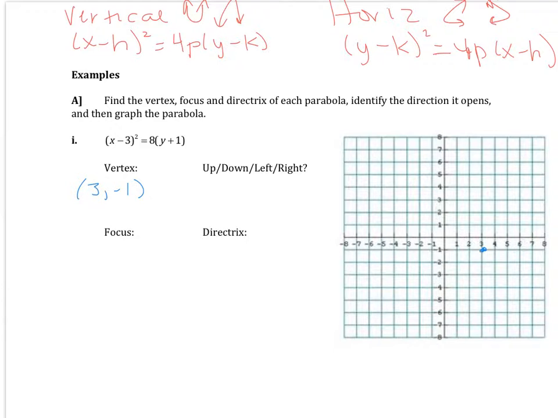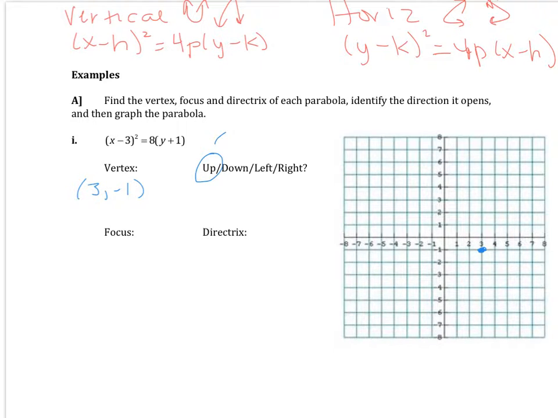And whether it's opening up, down, left, or right, we see that the x is the squared term. So we know it's either up or down, and the sign of the 4p value is going to tell us whether it's up or down. This one's going to open up because our p value is positive.